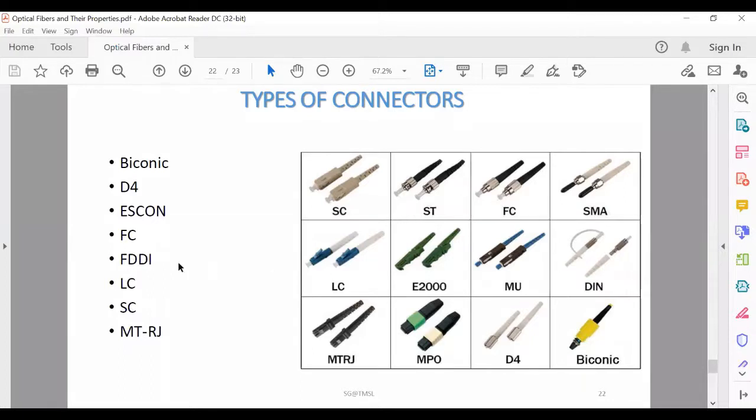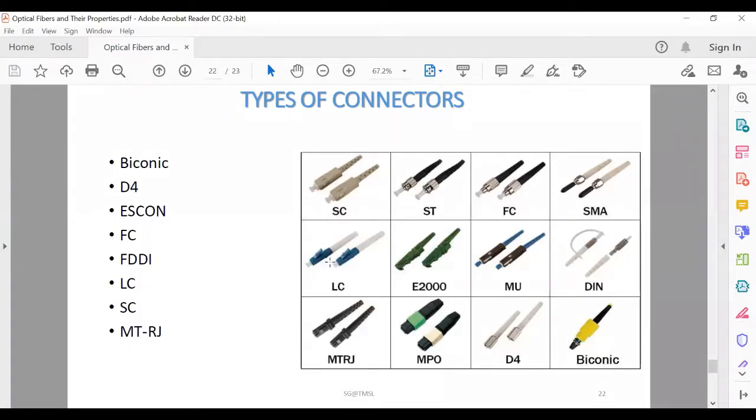FDDI, this type of connector is a duplex connector which makes use of a fixed type of device. LC connectors are called local connection connectors. It has the benefit of small form factor optical transmitter or receiver assemblies, and is largely used in private and public networks. This is the LC type connector.